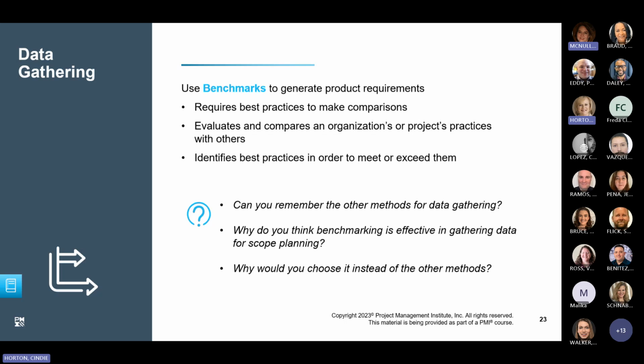Observations give you what's going on right now. Yeah, exactly. Benchmarking has a historical component too, right? Some of those measurements are already there. You may as well use them as comparison. So yeah, that's perfect. Depending on the project, benchmarking would be very useful.